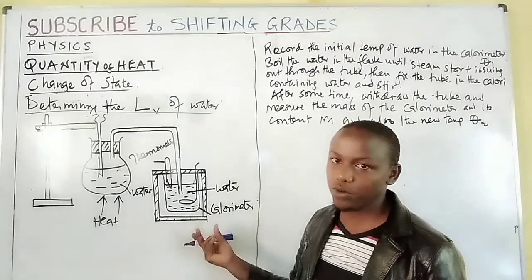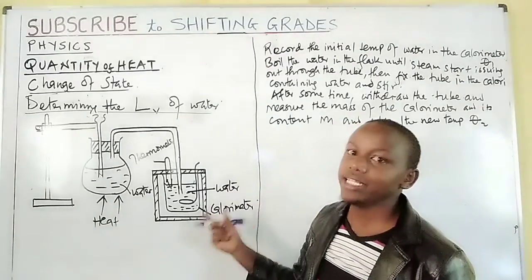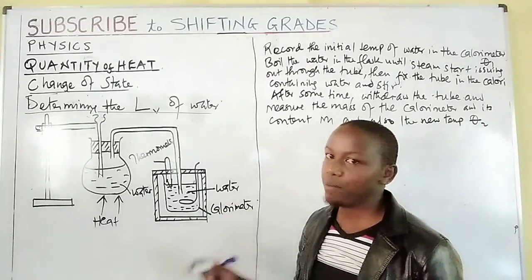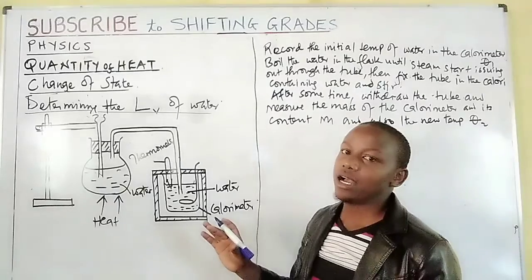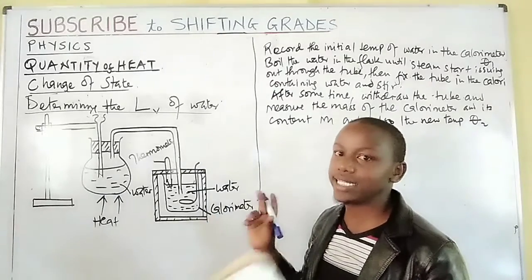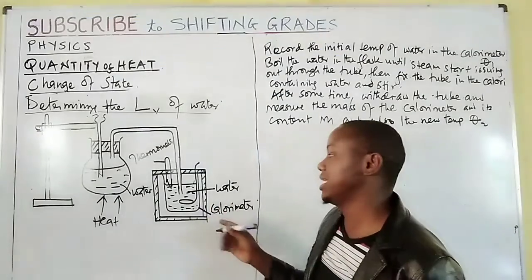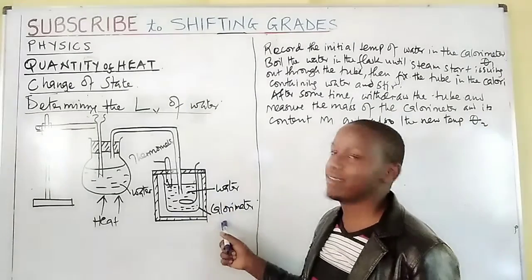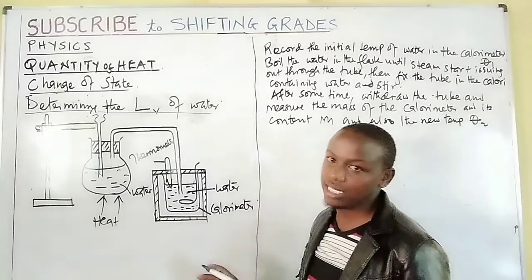It first becomes water at 100, then it loses the energy of the boiling water. Because immediately after condensing into a liquid, it's at 100. So it starts losing temperature until it arrives at a common temperature with the water and the calorimeter. Now we measure that steady temperature.